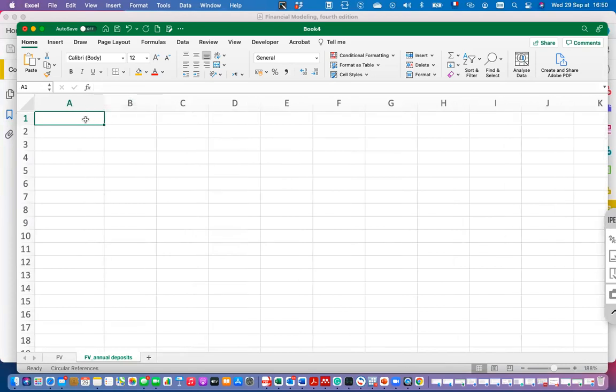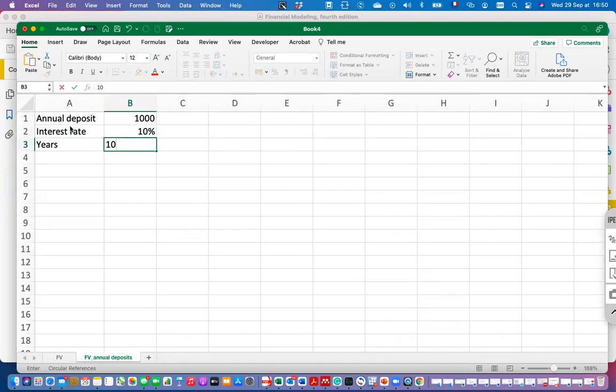I have an annual deposit, which means that I will make the same deposit at the beginning of each year of $10,000, with an interest rate of 10% and number of years equal to 10 years. So what is the future value of your investment?